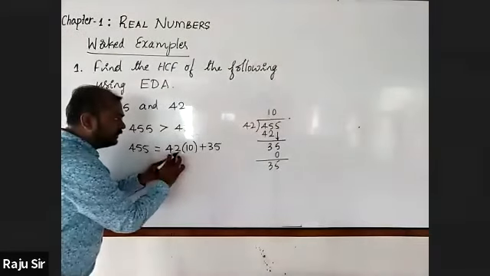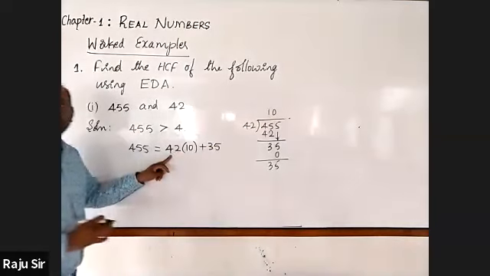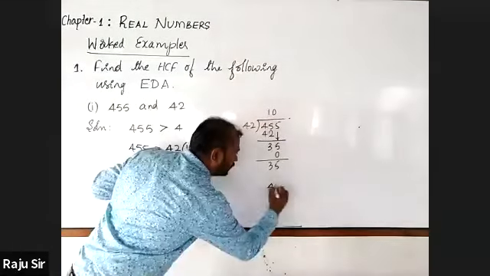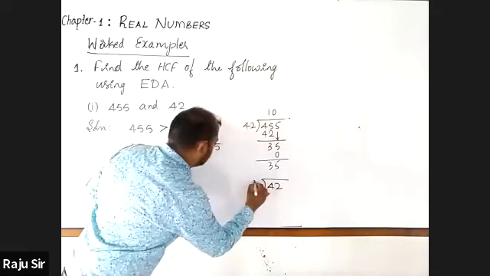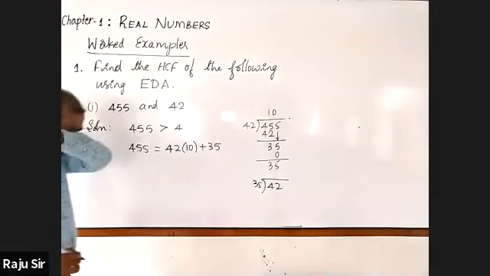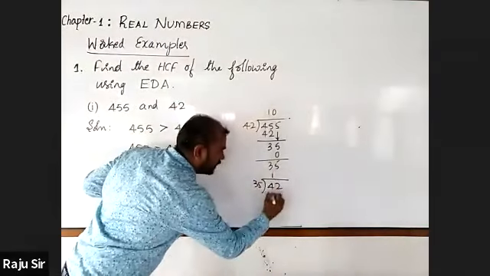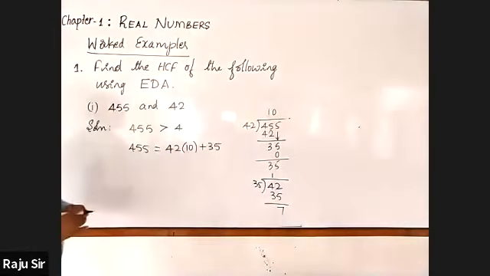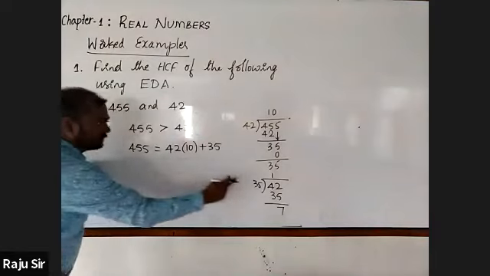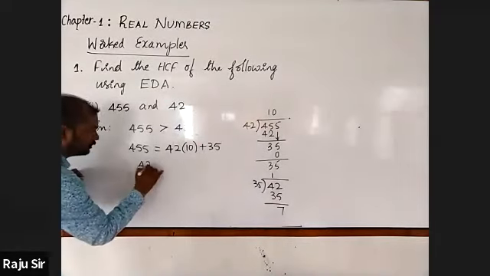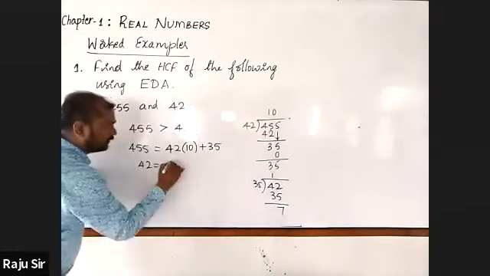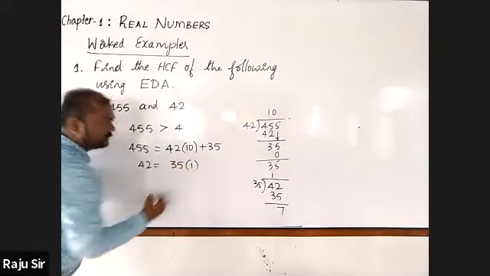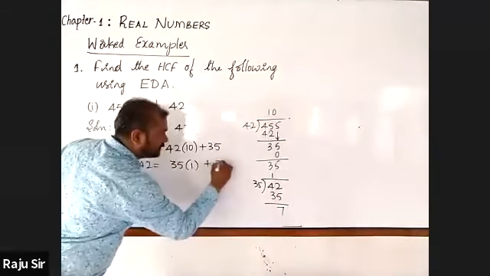Let us divide 42 by 35. 35 ones are 35. You'll get the remainder as 7. And 42 can be written as 35 ones plus remainder 7.